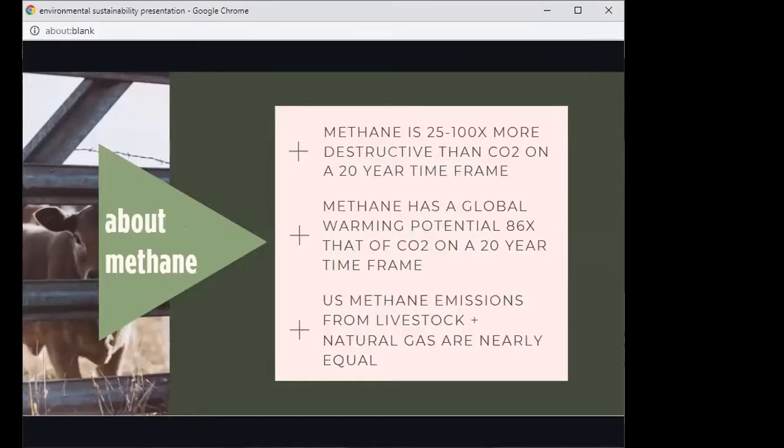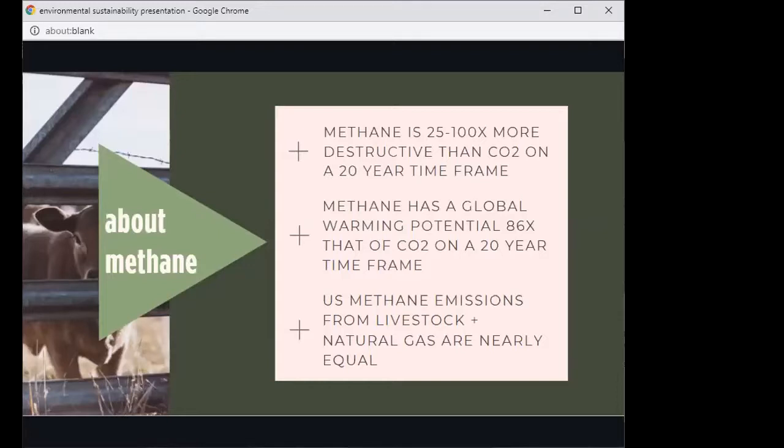So we just said that carbon dioxide is the greenhouse gas that we produce the most of, but it's not the only, or what I would even call the most important gas that we need to focus on. I want to talk about methane because it takes far less methane to be more destructive than carbon.